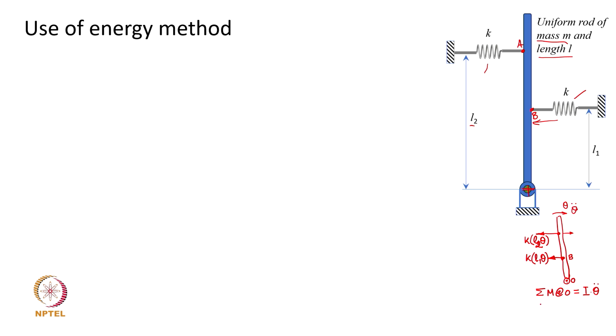Now, I can write this as I theta double dot equal to the summation of all the moments, which are k into L2 theta times L2, that is the arm length, and then to that I would add the second moment due to this particular spring, k into L1 theta into L1.